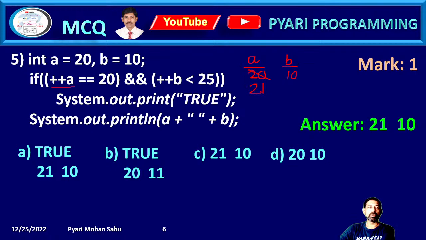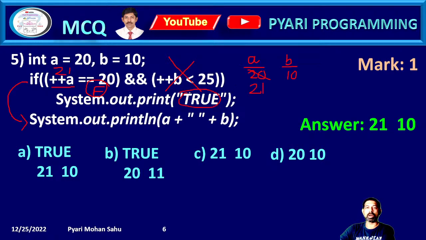Thereafter it will compare. This becomes 21. Now 21 equals 20. It is false. When it is false, we know that in case of the AND operator, if either one condition is false, the result is false. So when this is false, it is not going to evaluate the other part, because if any one operand is false, the result is false. Because of that reason, it will come out of this and display the result. So that's why true will not be displayed.